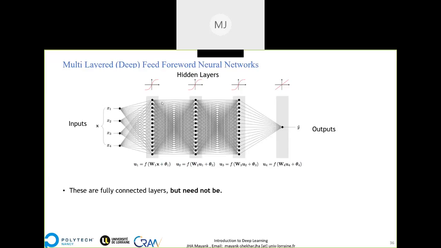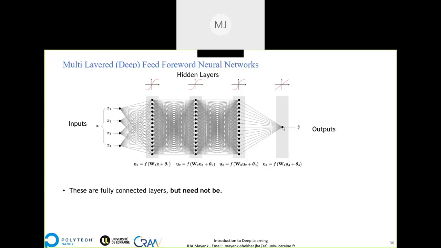There is a summation of the inputs followed by non-linearity. All the nodes of the first layer are connected to all the nodes of the second layer. Similarly, all the nodes of the second layer are connected to all the nodes of the third layer. And then finally, we have one particular output.